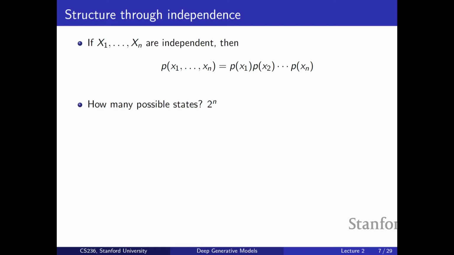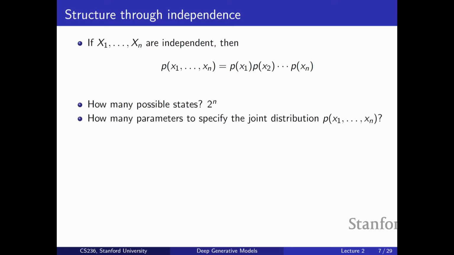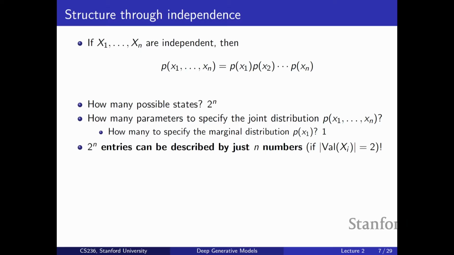However, what happens is that you can drastically reduce the number of parameters that you need to store this object. Right? How many parameters do you need to specify this joint distribution? Now it starts to become n, right? Because you just need to be able to store each one of these marginals, and these are just Bernoulli random variables, so you just need one parameter if they are binary. So you need one parameter for each one of those marginal distributions.